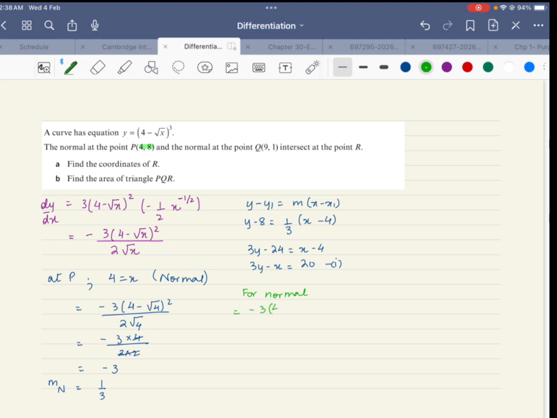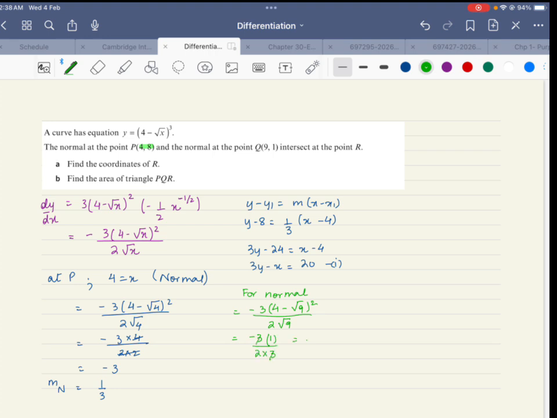Minus 3 bracket 4 minus under root, the x coordinate we are going to put 9 upon 2 root 9 is equal to minus 3 into 4 minus 3 is 1, 1 square is 1 upon 2 into 3.